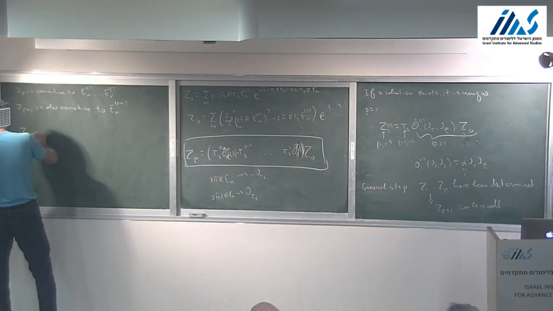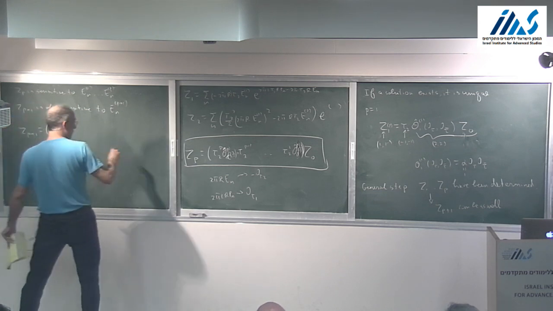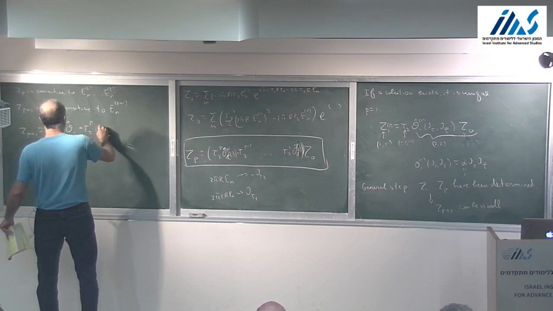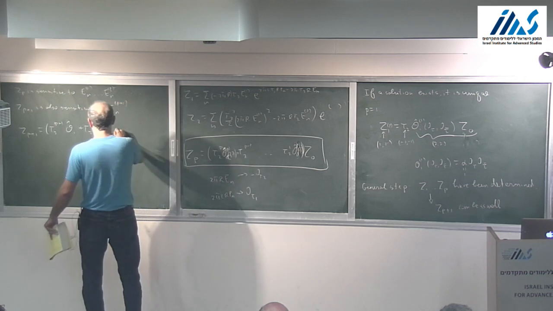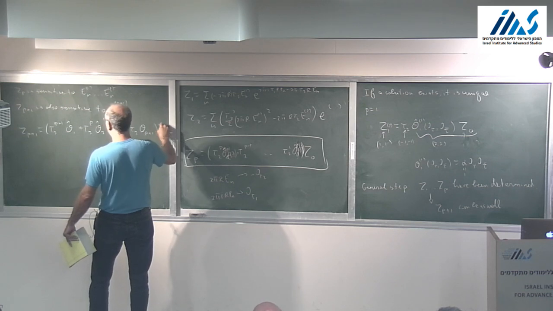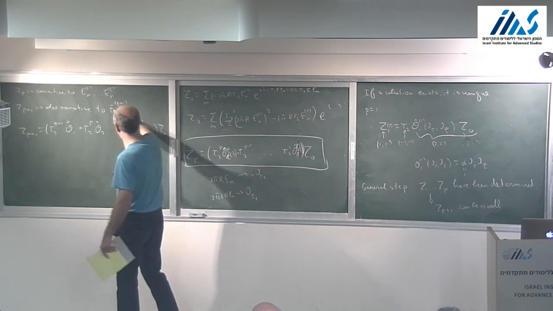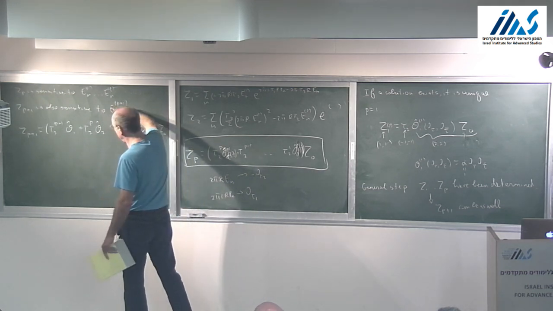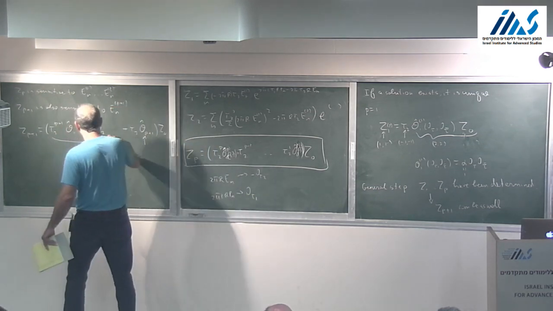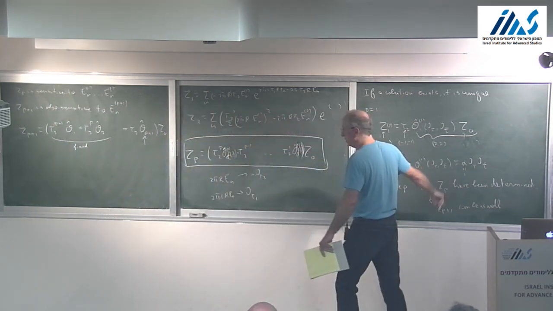So when we write z_{p+1} in this way, there's a term of order tau 2 to the p plus 1 times O hat 1, plus tau 2 to the p O hat 2, etc., up to tau 2 O hat p plus 1 acting on Z0. Only this guy is sensitive to the one unknown, the new order in the energy shifts. All these guys are fixed because we know the lower orders.